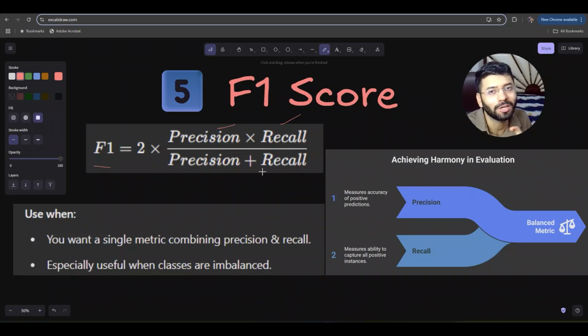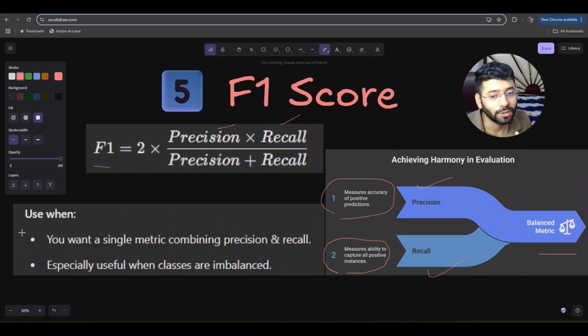So creating a balance using precision and recall is your F1 score. Precision measures the accuracy of positive predictions, and recall measures the ability to capture all positive instances. You take the balance of both and create an F1 score using the harmonic mean.